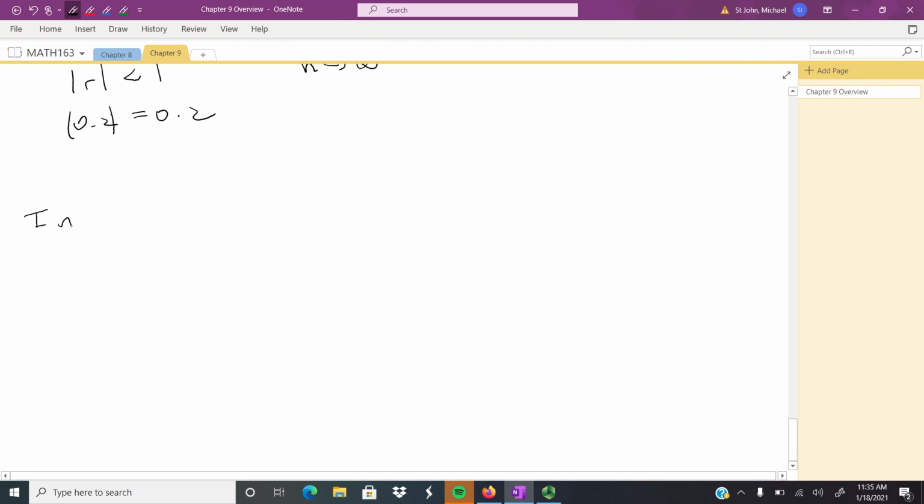Let's see. Infinite series and geometric series. So a does not equal 0, and r is a real number.